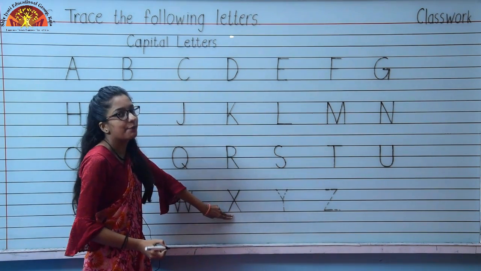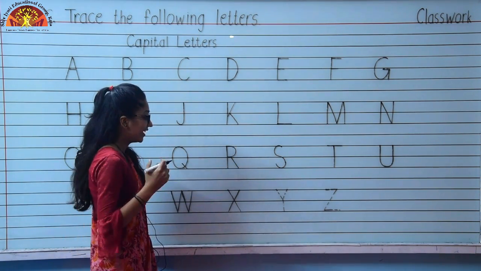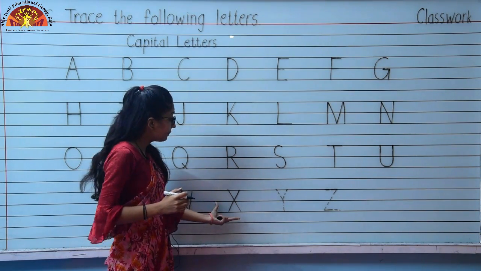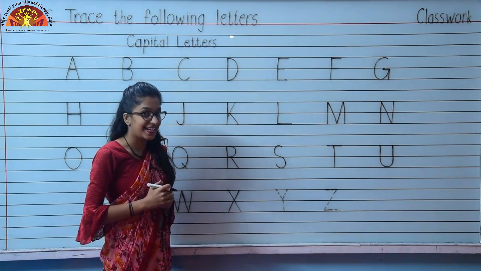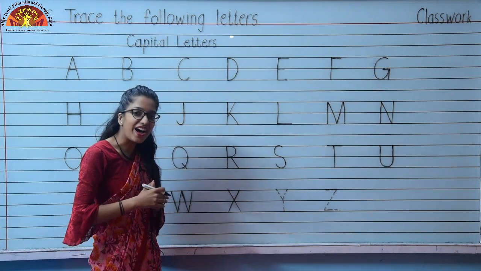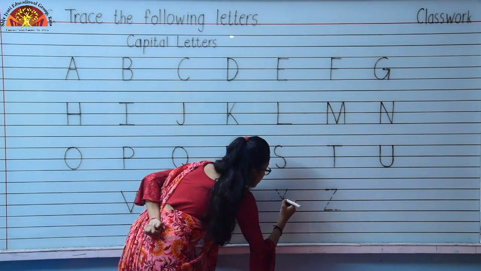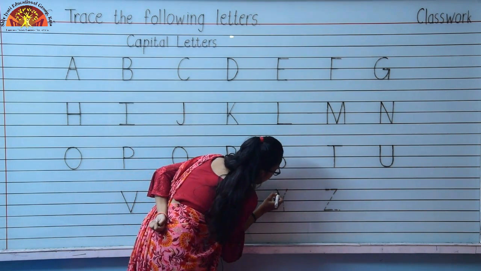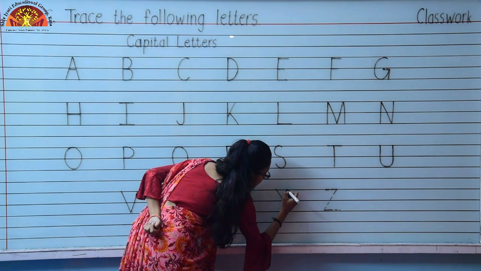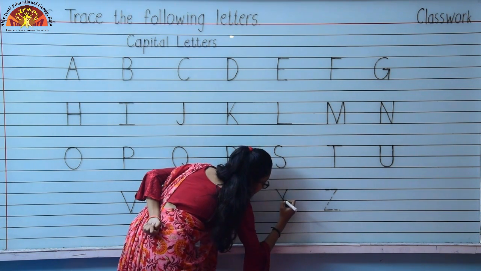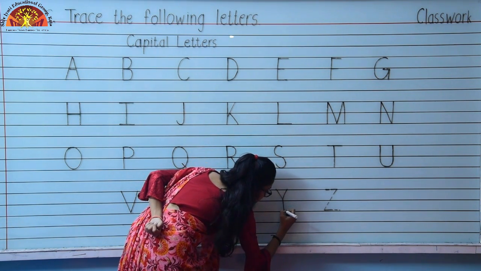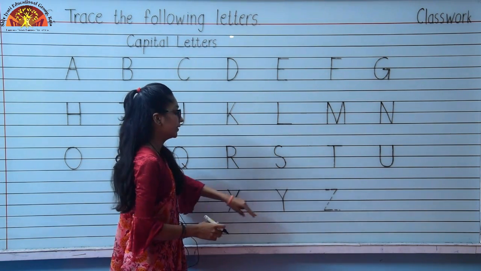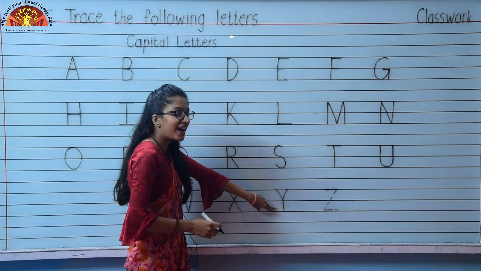This is capital letter X. Now what comes after capital letter X? It's, tell me kids, Y. Okay. So draw one slanting line, one more slanting line, then standing line. Like this. This is capital letter Y.